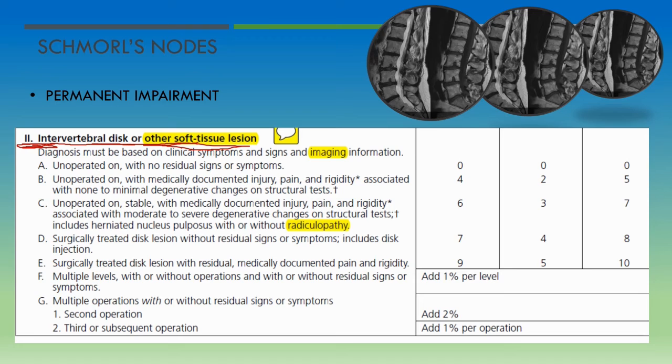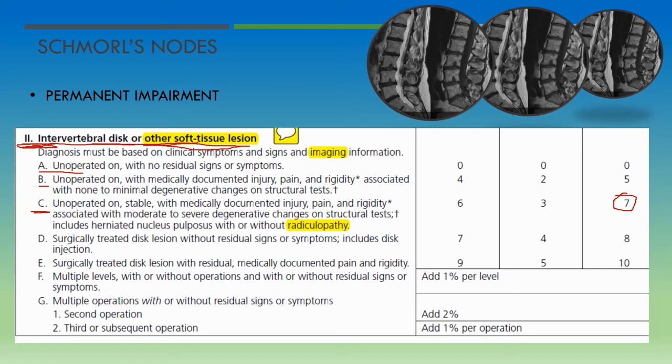So this exactly applies to Schmorl's nodes because of the involvement of the intervertebral disc herniating through the vertebral end plate. And in this particular example, most of your examinees are going to be unoperated on, so they'll fall under category A, B, or C, each of which provides for 0, 5, or 7% whole person impairment rating.